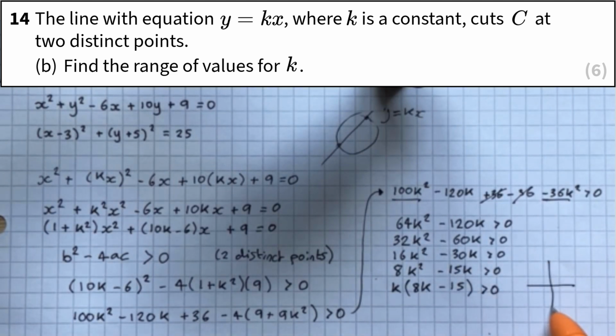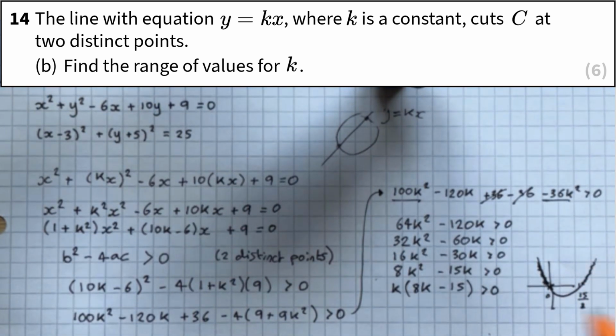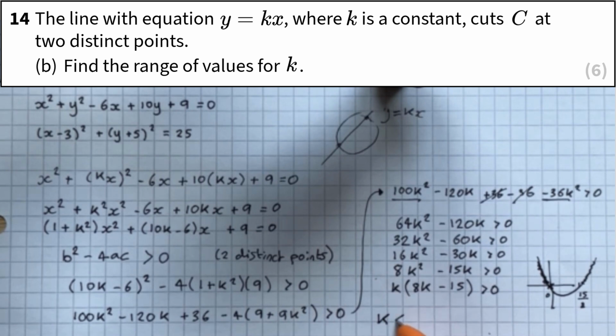You have to draw a mini graph. So 0 is one of the roots and 15 over 8 is the other. Quadratic looks like this, and the quadratic is bigger than 0, which means it's above the x-axis here and here. What that tells us is that k is actually less than 0 on the left, or k is bigger than 15 over 8 on the right. And that's the range of values for k that we're looking for.